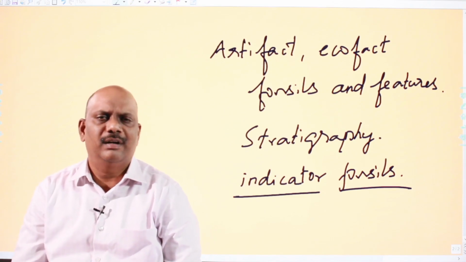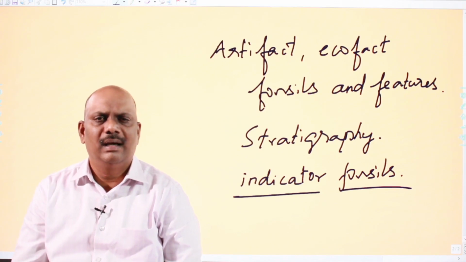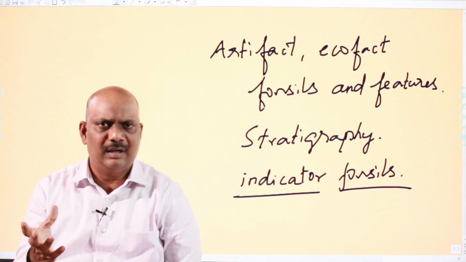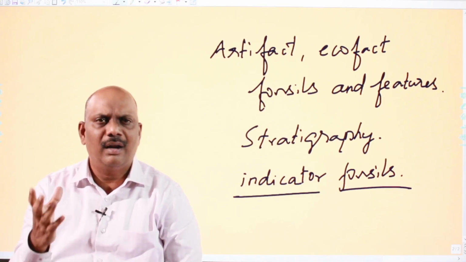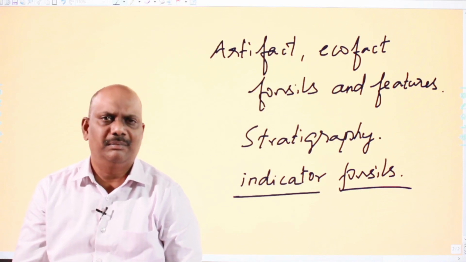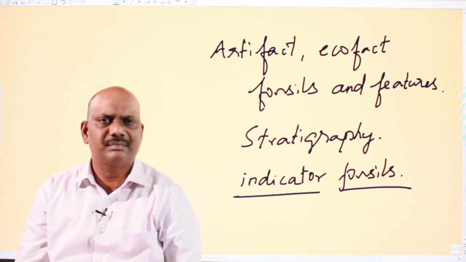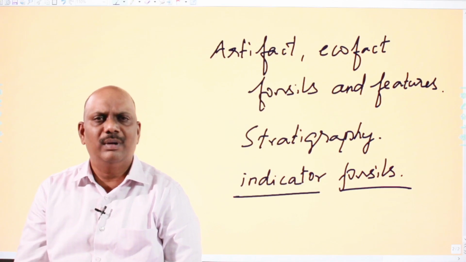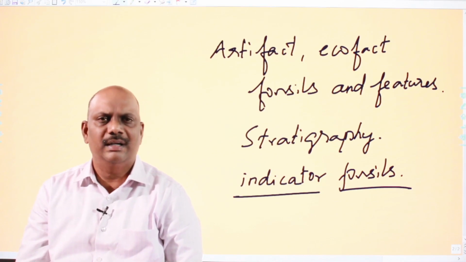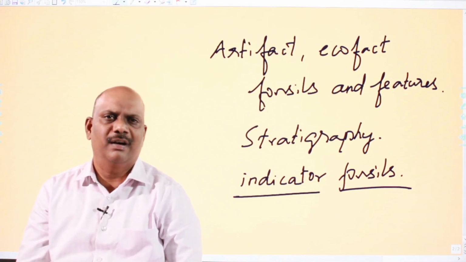They lived for a short span of time, and either they became extinct altogether, or they evolved into some other form. I told you one example, straight-tusked elephants, which lived during the Pleistocene period. We call it a Pleistocene megafauna.